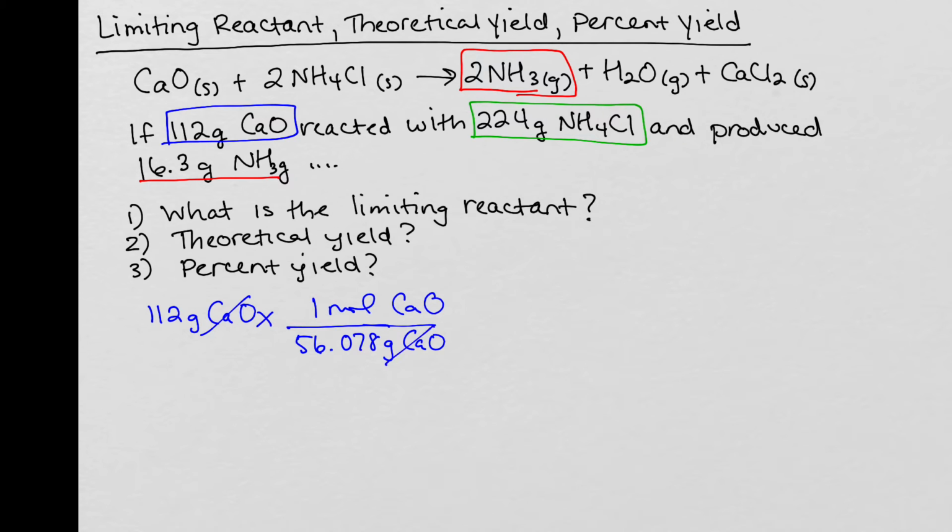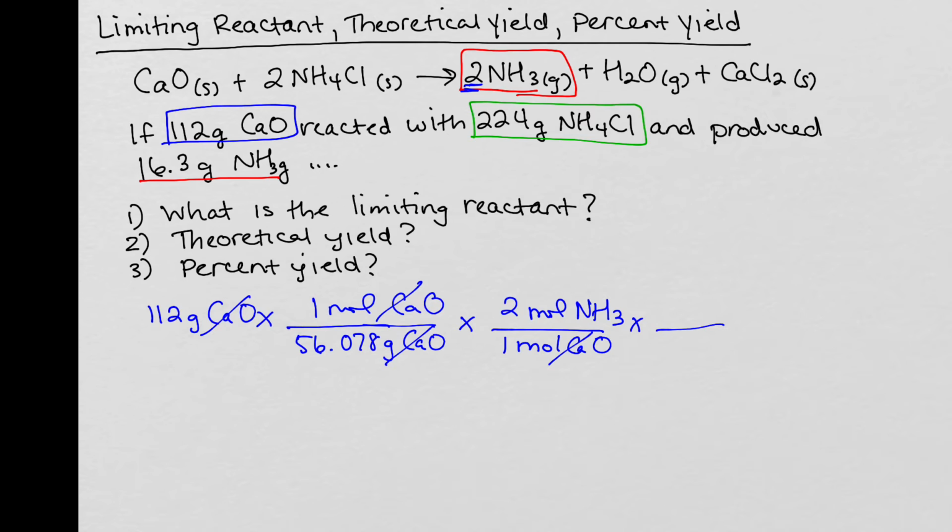So this is converting grams of calcium oxide into moles of calcium oxide. Now I can look at my chemical equation, and for every 1 mole of calcium oxide that reacts, I produce 2 moles of NH3.